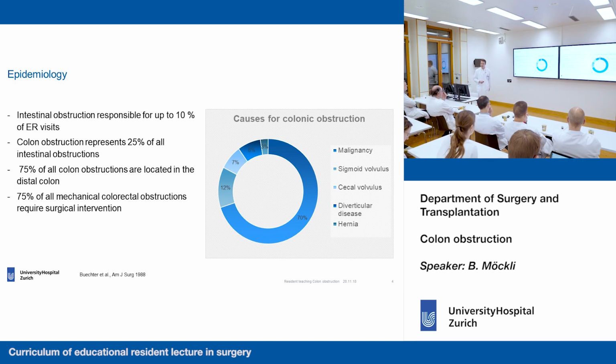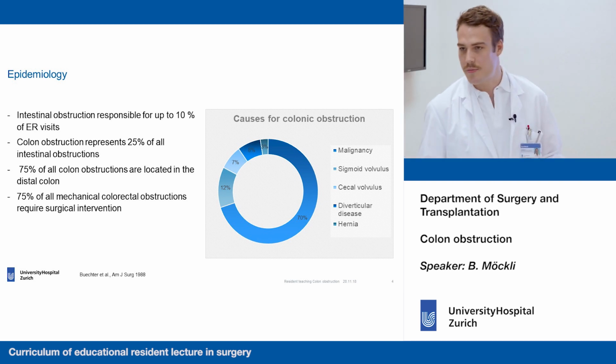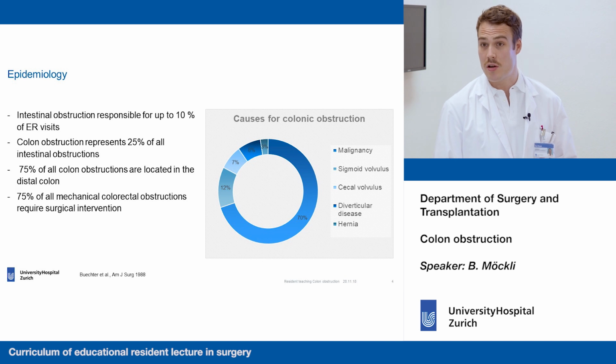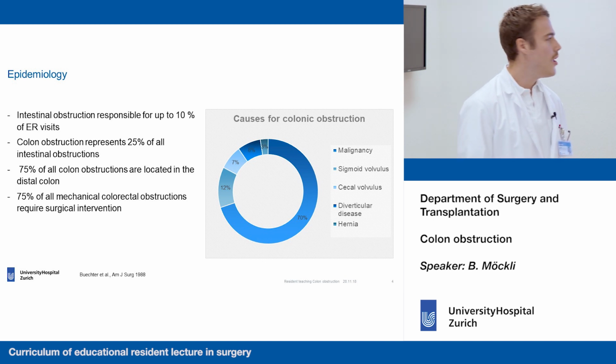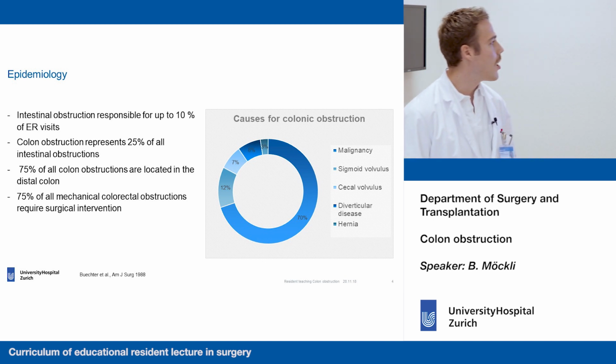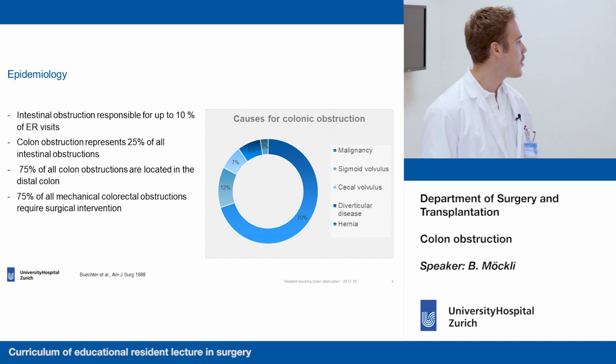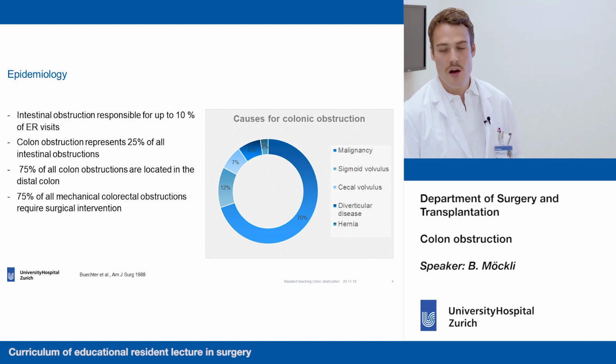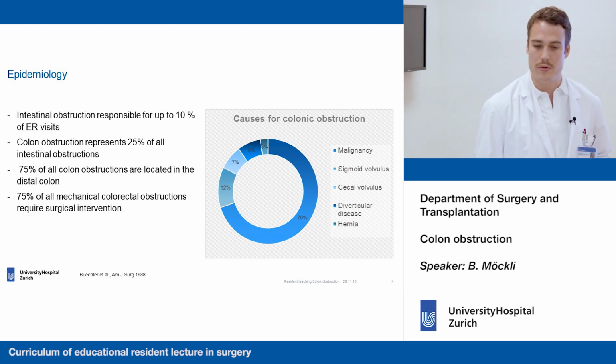So about epidemiology, about 10% of all patients who present to the ER present with some kind of abdominal or intestinal obstruction. This can be small bowel or also large bowel. Of these, about 1/4 or 25% are colon obstruction. 75% of these require some kind of surgical intervention at some point during the hospital course.